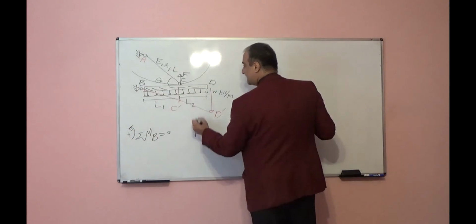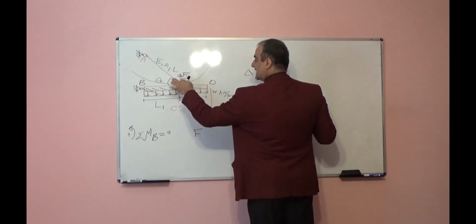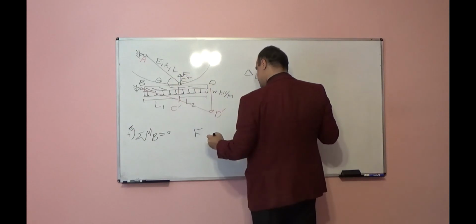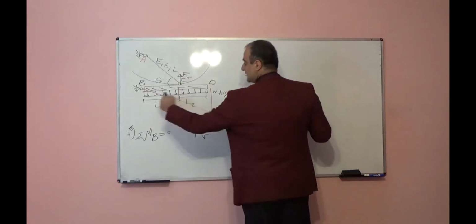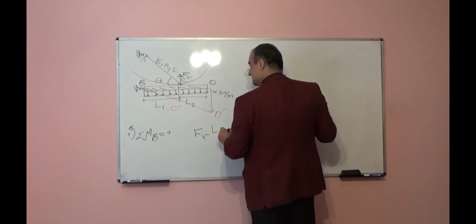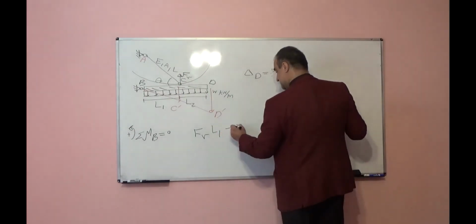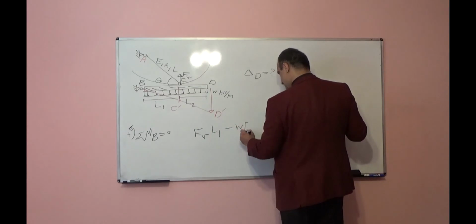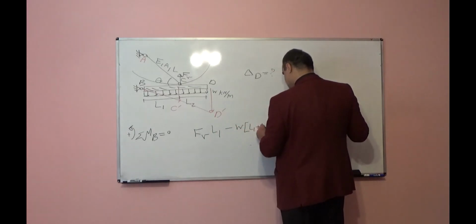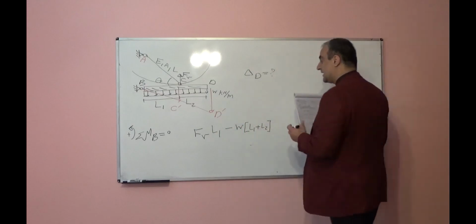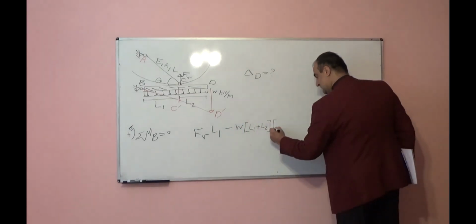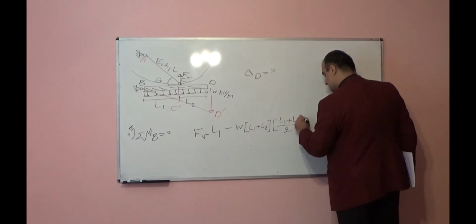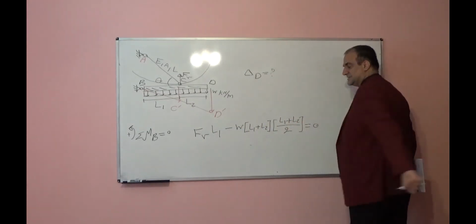So F, because I am finding this F in the vertical direction, I will show Fv times L1, minus W times L1 plus L2, times L1 plus L2 over 2, is equal to 0.